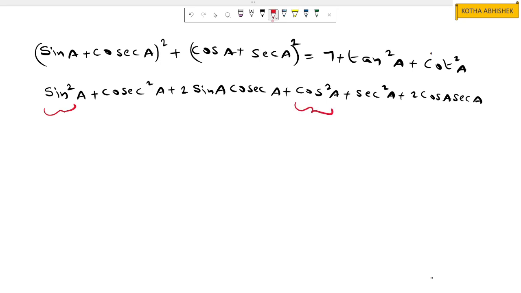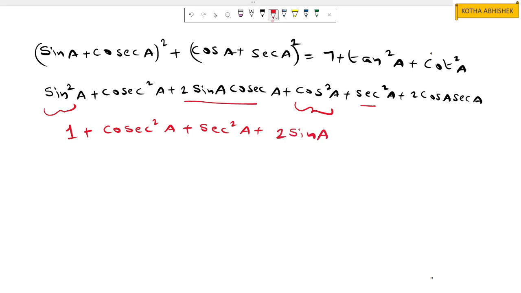So sin square A plus cos square A value is 1, plus this cosec square A I am writing as it is, plus here sec square A is there, right? That also I am writing as it is, sec square A.